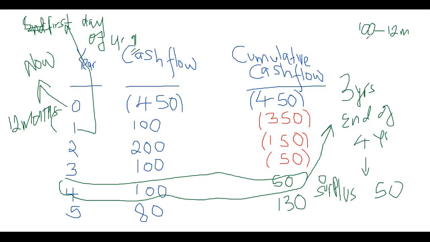So all you need is just a 50. So 50 will take how many months? If the whole 100 for the fourth year takes you 12 months, 50 will be 6 months. So meaning that it is 3 years, 6 months.